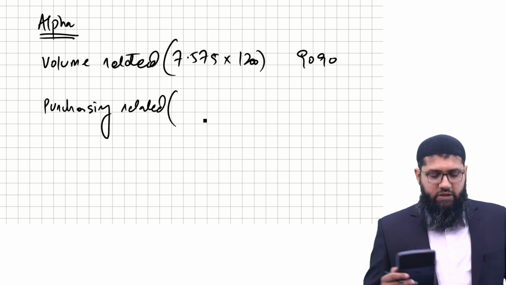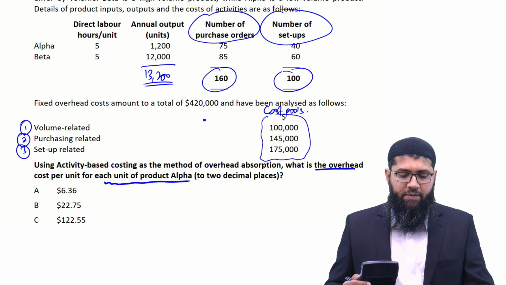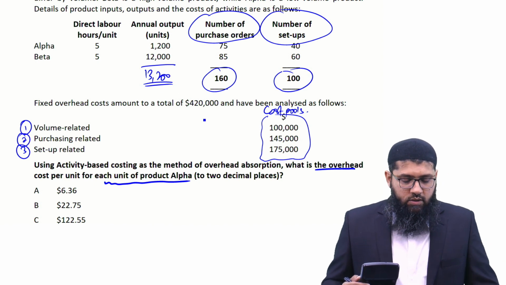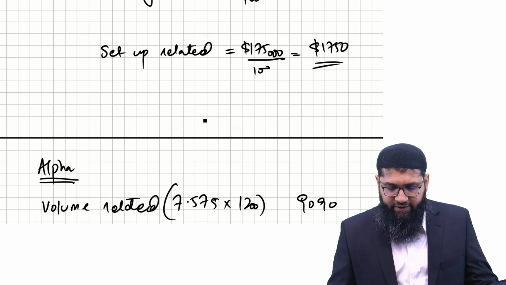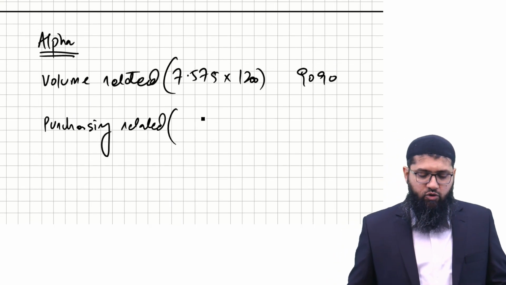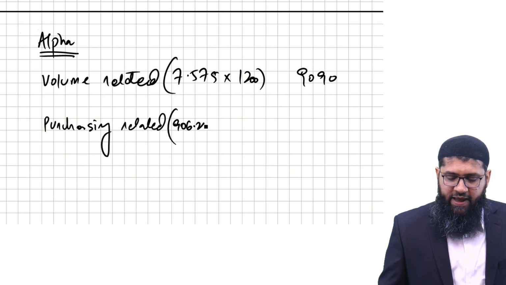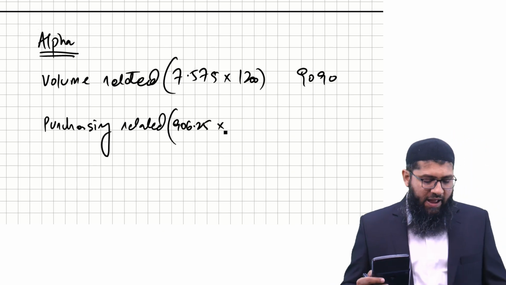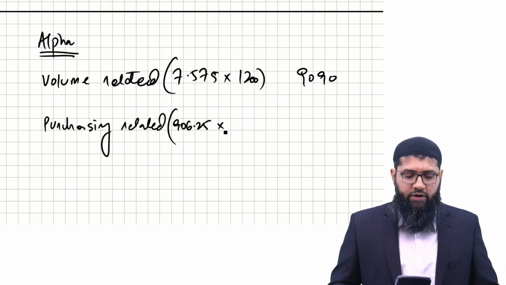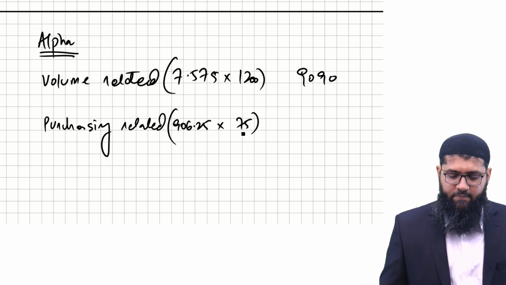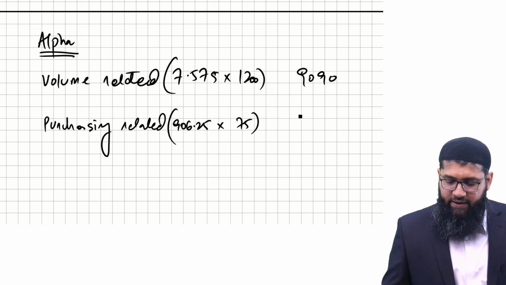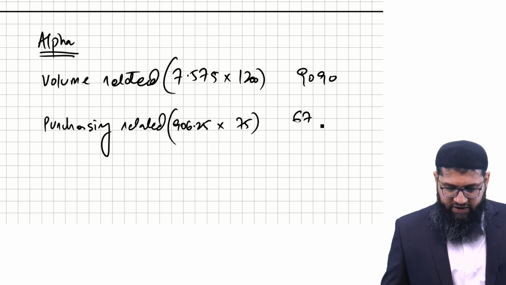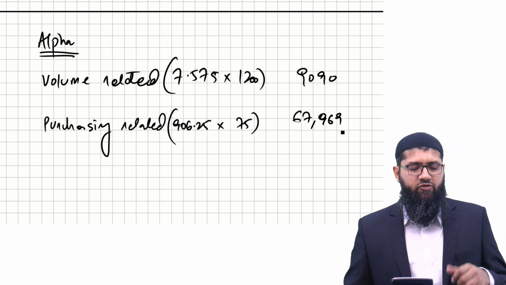So when we talk about the purchasing related cost, what is it gonna be? The purchasing related cost is, we have already calculated the rate, which was 906.25. You multiply it with number of purchase orders, which is 75. So 906.25 multiplied by 75, 67969 approximately.